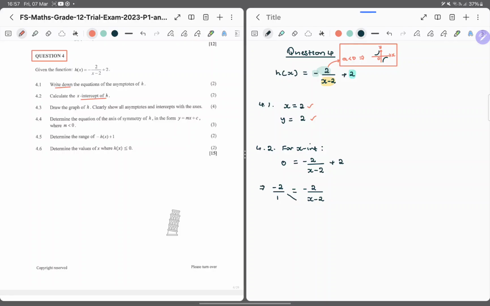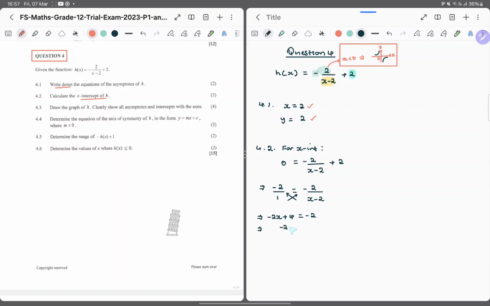At this point, we do cross multiplication. So what this is going to give us is, we would say minus 2 times x is going to be minus 2x. Minus 2 times minus 2 is going to be plus 4. Is equal to 1 times minus 2 is minus 2. And then we continue.